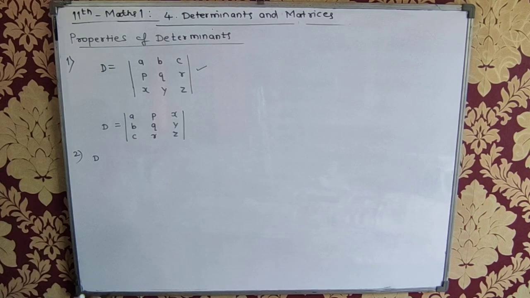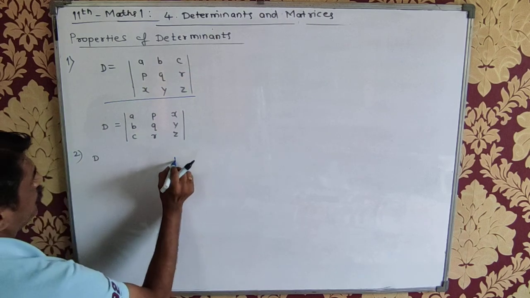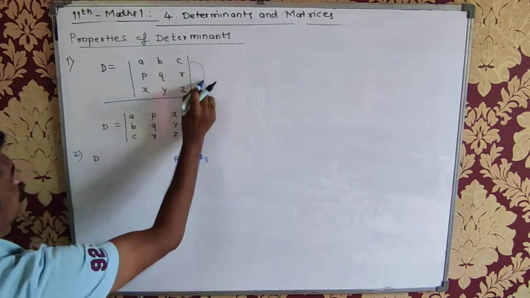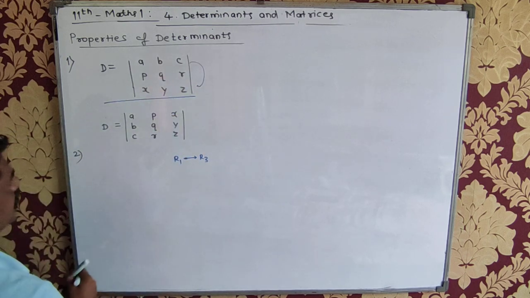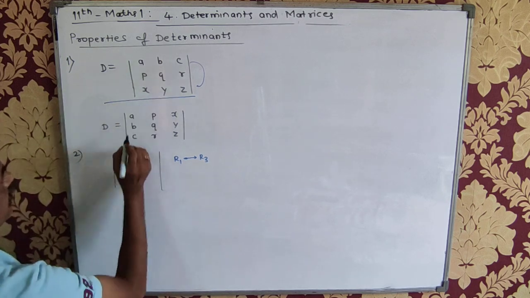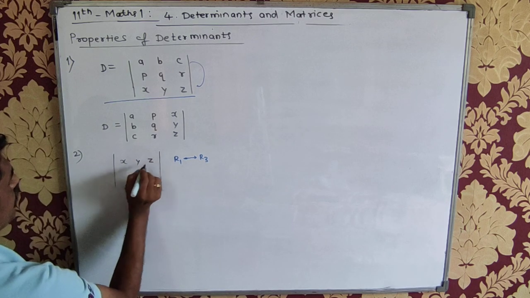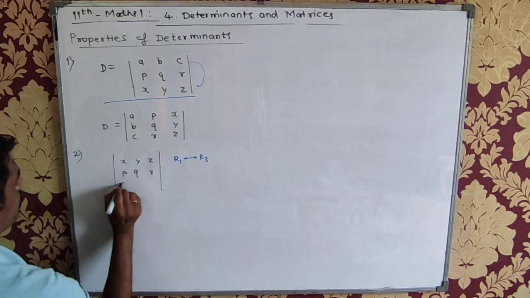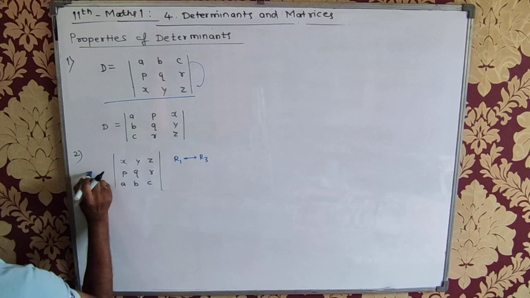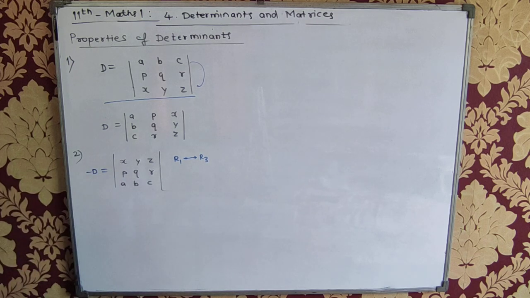Suppose this is the given determinant. Now if I interchange row 1 and row 3, what will this determinant become? It will become X, Y, Z, P, Q, R, A, B, C. In this case the value of determinant will be minus D. It will change only in the sign.